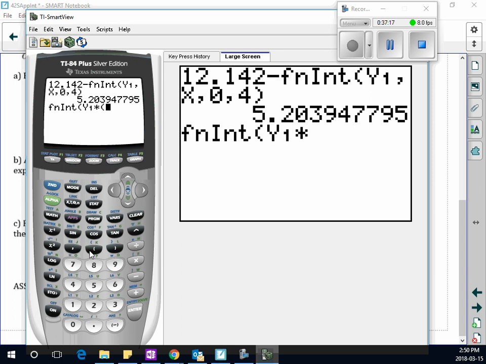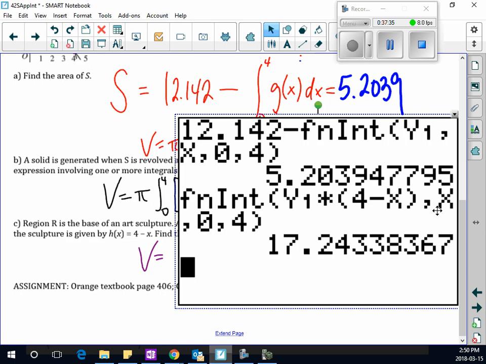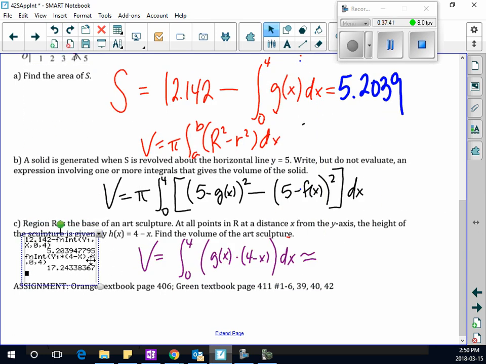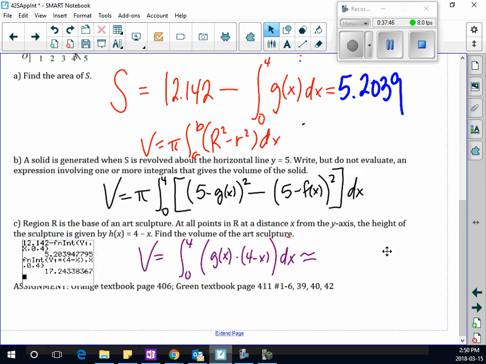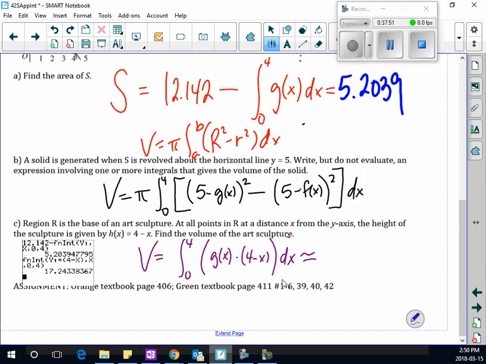Of course this is times bracket 4 subtract x, then comma x, comma 0, comma 4, bam. Did you get that? Okay, so this is 17.2433.